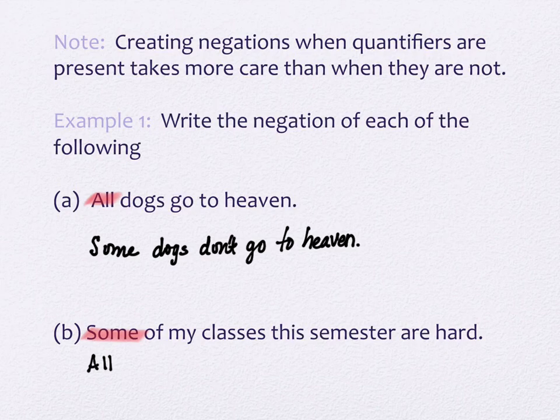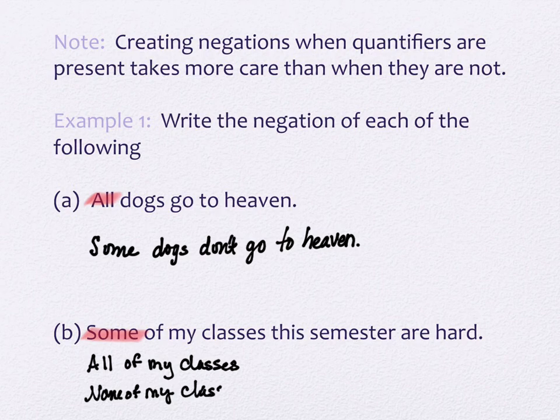So one way to change this is to say all of my classes. The other option is to say none of my classes. Those words, all and none, are both universal quantifiers.